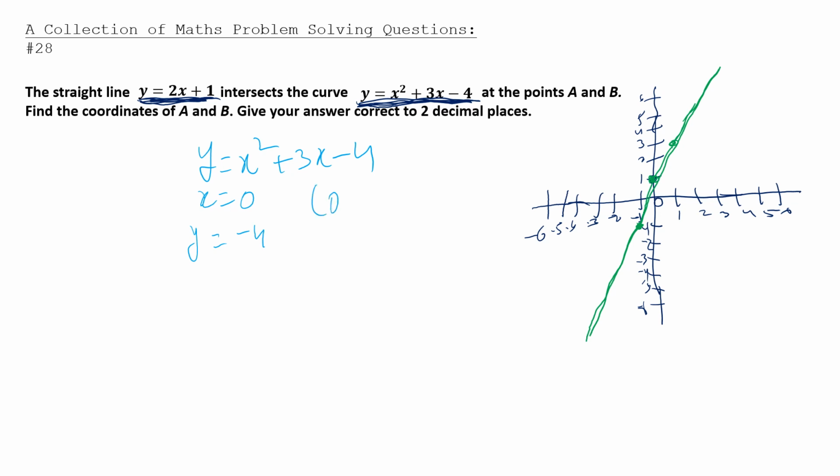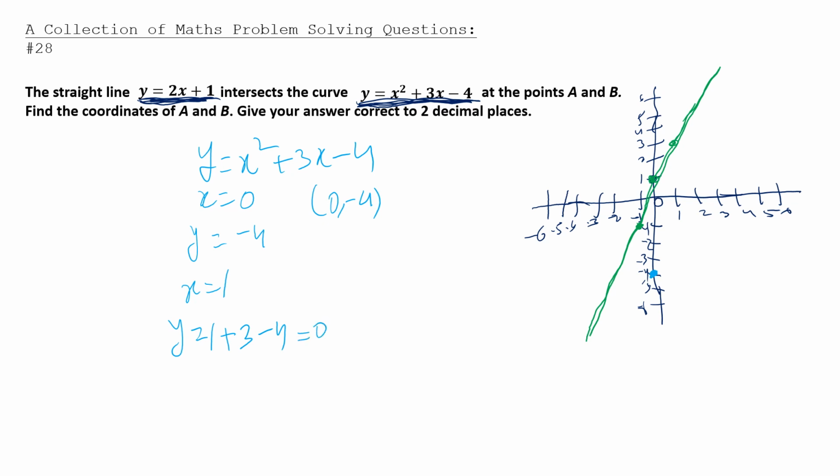So one of the points is 0, minus 4, which would be here. The next point would be x equals 1, then y equals 1 plus 3 minus 4, that is 0.